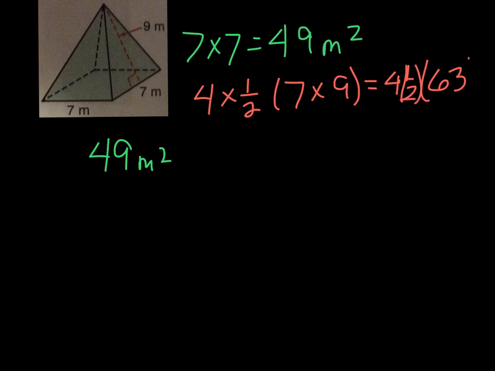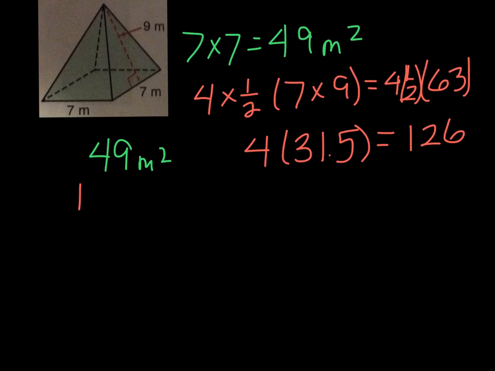So 4 times half of 63 would be 31.5. And when I multiply that together, I get 126. So I'll put that over here, 126 meters squared.